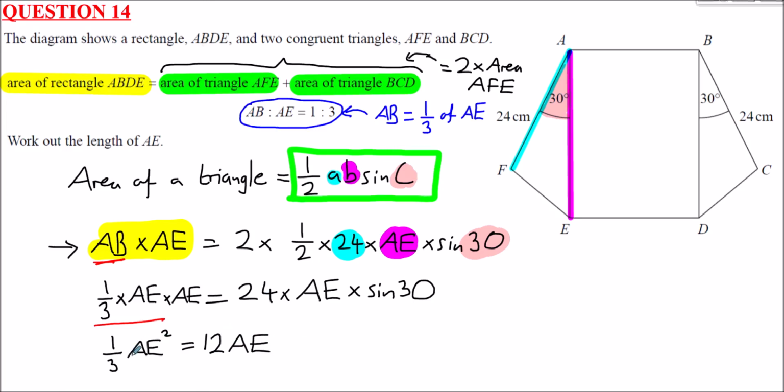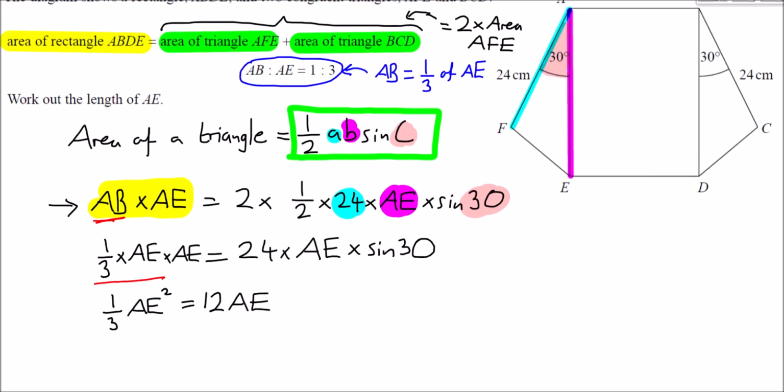So if I multiply both sides by 3, to get rid of this 1/3, so just times in by 3 on both sides, I can see that AE squared, which just means AE times AE, I'll explain my writing like this in a moment, equals 36 lots of AE.